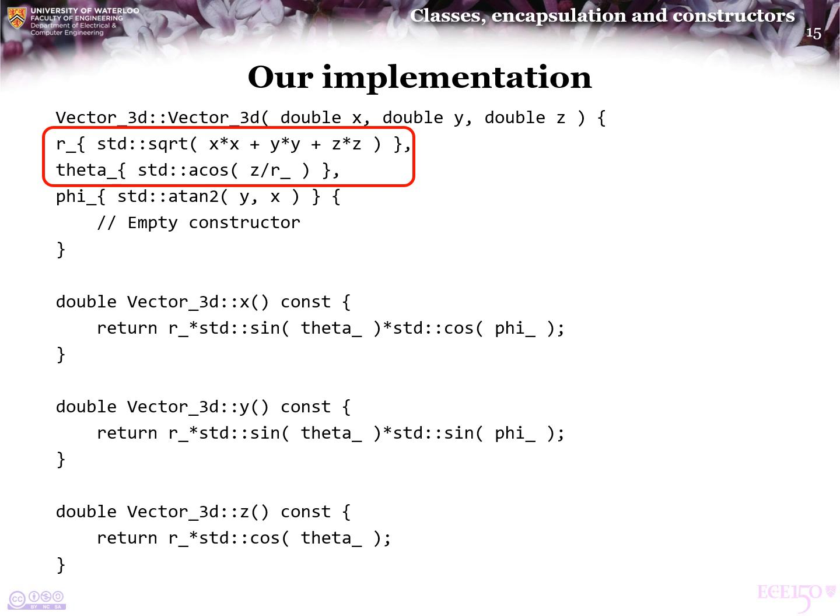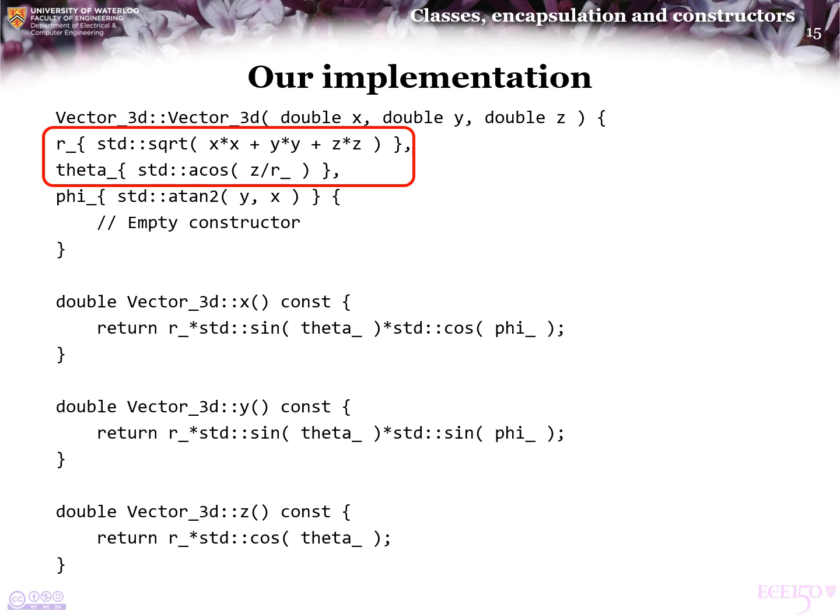Notice that the second one, when we calculate theta, we are actually using the first member variable. That's actually okay because these are guaranteed to be assigned in the order in which they appear in the class definition, and we made sure that we wrote them down here in that same order.